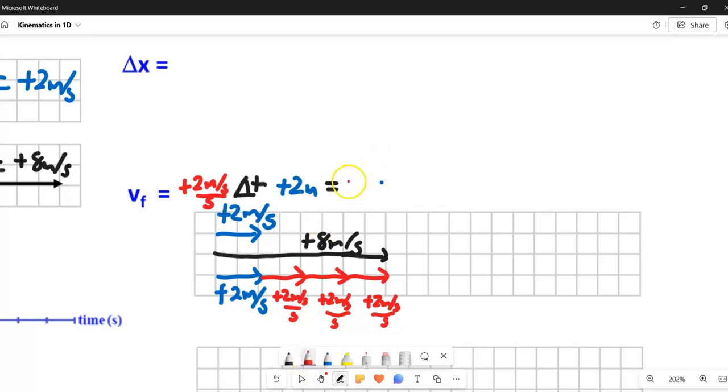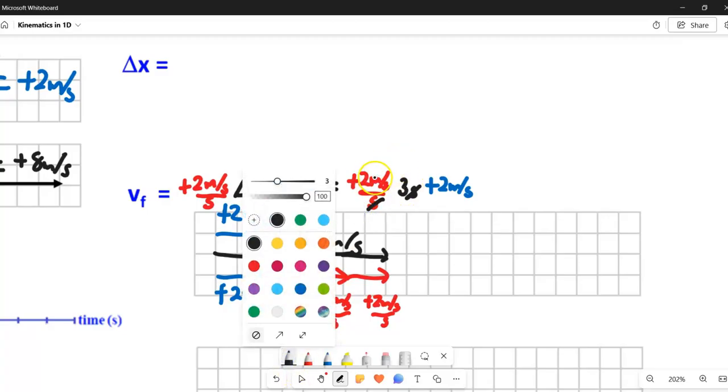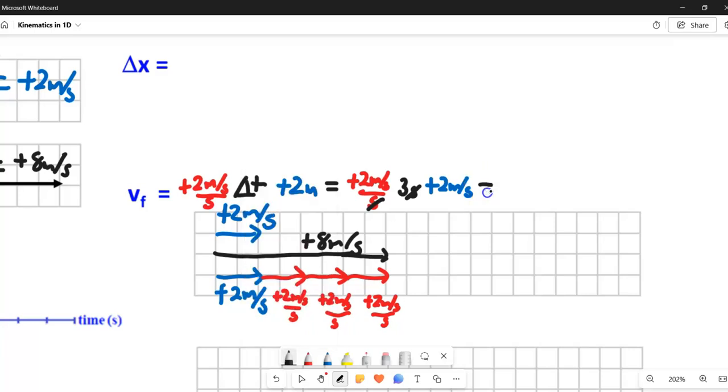If we have an acceleration which is positive 2 meters per second for every second times 3 seconds plus 2 meters per second. Okay, well, this seconds will cancel out with this. 3 times 2 is 6, plus 2 is 8. So our final velocity is going to be positive 8 meters per second.